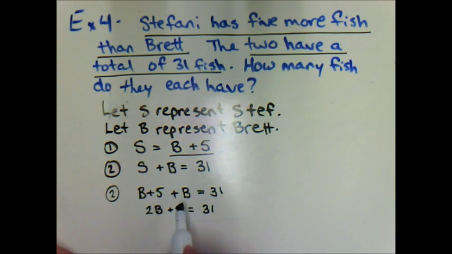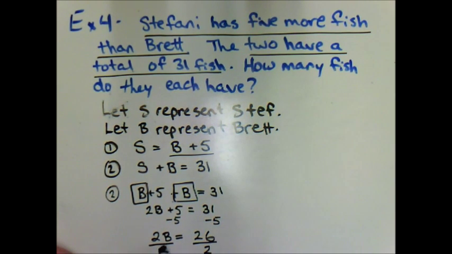Okay, so all we did was we have a B here and a B here. So that's 2B, right? 2B plus 5. Now we want to get the B's by themselves. So how do we do that? Yeah, I'm going to take 5 away from both sides. So you have 2B equals 26. Good. So then all we need to do is divide both sides by 2 in order to get B by itself.